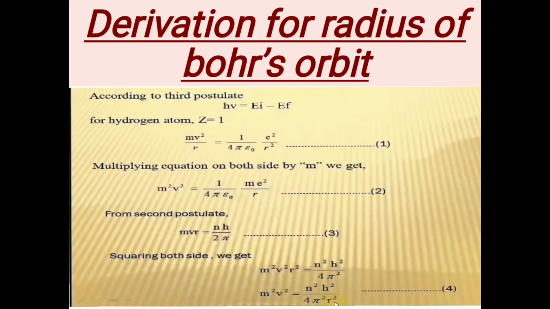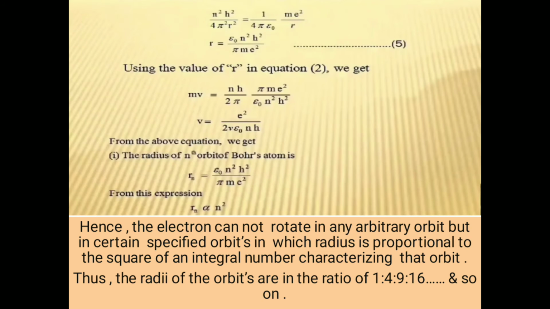Give this equation number 4. Now comparing equation number 2 and equation number 4, we get n square h square divided by 4 pi square r square, which is equal to 1 upon 4 pi epsilon 0 times m e square divided by r.